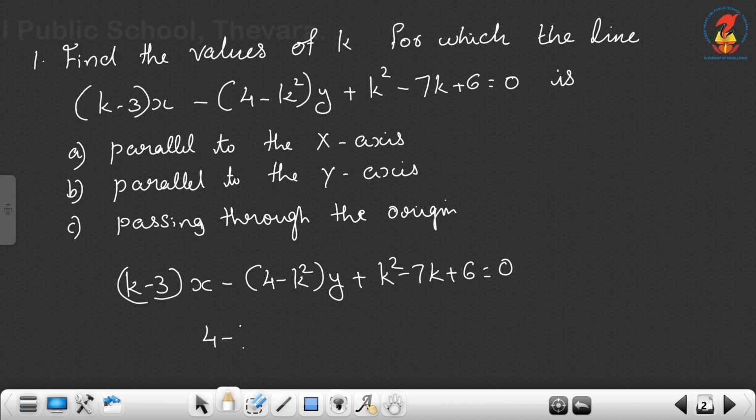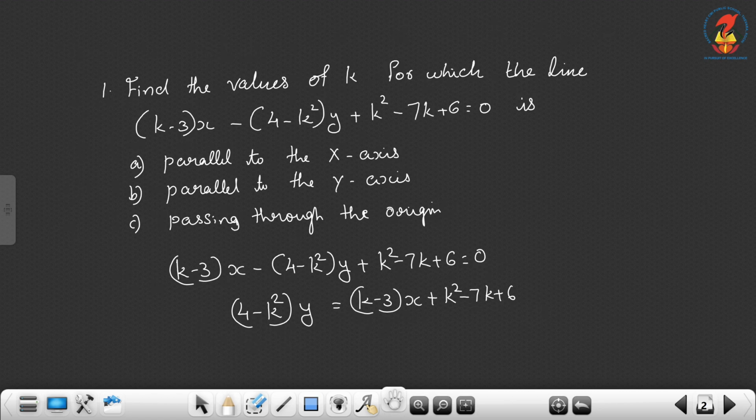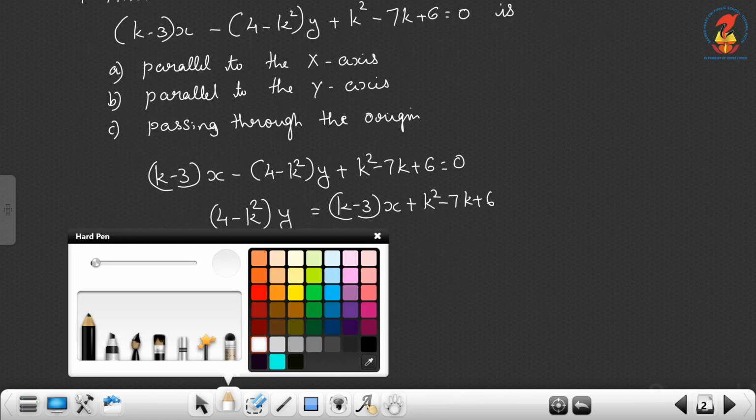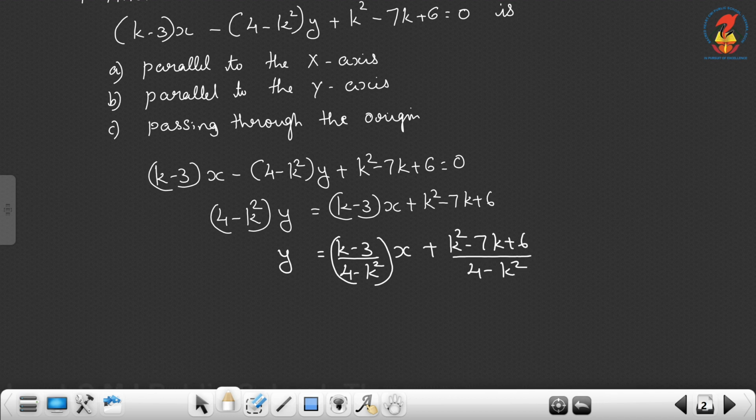So, (4 minus k square)y is equal to (k minus 3)x plus k square minus 7k plus 6. Y is equal to (k minus 3) by (4 minus k square) into x plus (k square minus 7k plus 6) by (4 minus k square).